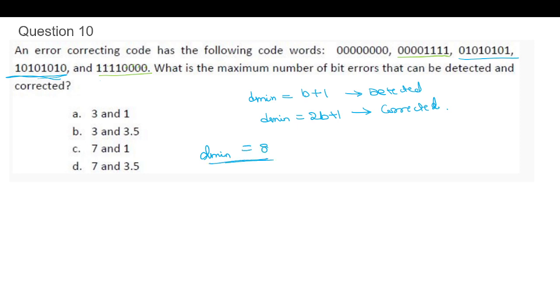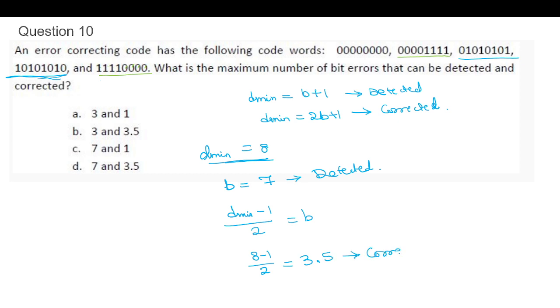Now substituting this value, b is equal to d min minus 1, so 7 can be detected. And d min minus 1 upon 2 is b, which is corrected. So it is 8 minus 1 over 2, it is 3.5, which is corrected. So it is 7 and 3.5.